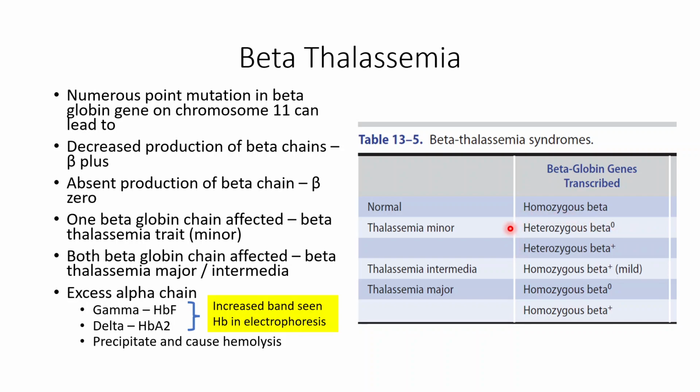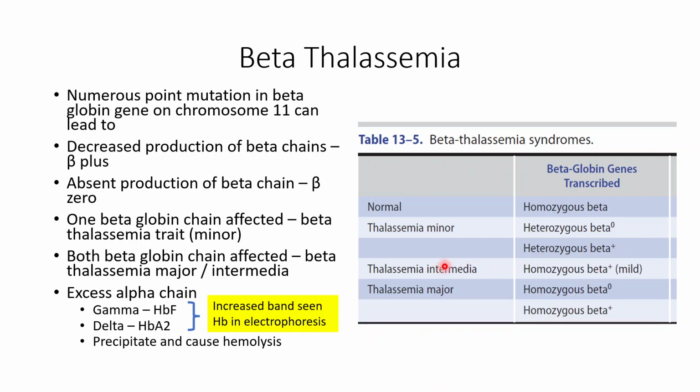Coming back to thalassemia minor, it is a heterozygous condition, so one gene is affected. That affected gene can be beta 0, meaning no beta chains are produced, or it can be beta plus, meaning it is producing some amount of beta globin chains. But the other gene is normal.